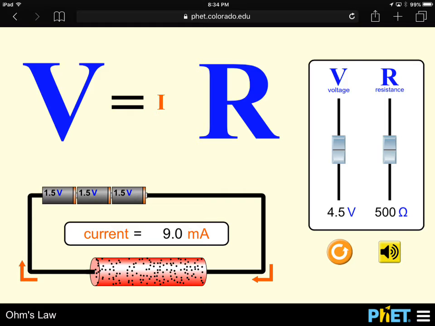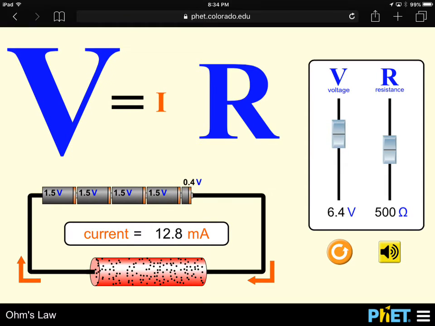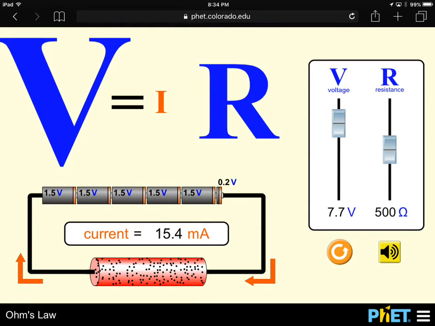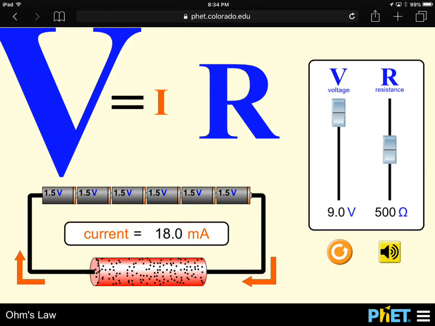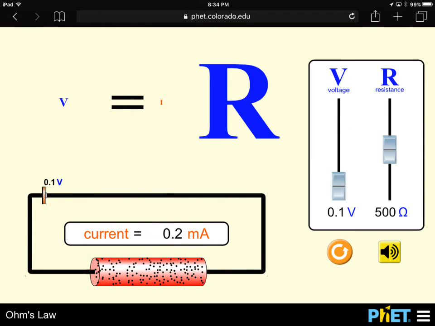And if I increase the voltage, then I'm going to increase my current. I'm now at 15.4 milliamps, and I can continue to increase the voltage, and I will continue to increase the milliamps. And now this is important to note. It's not just that they're related.